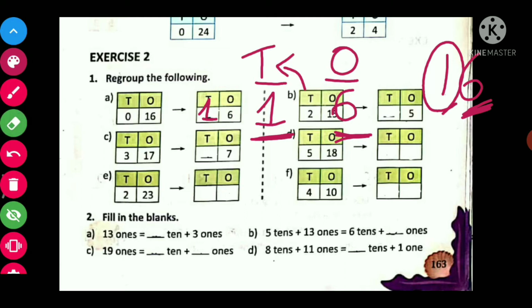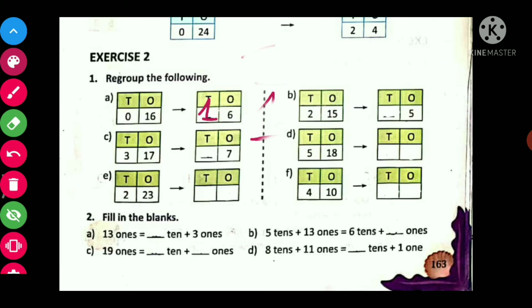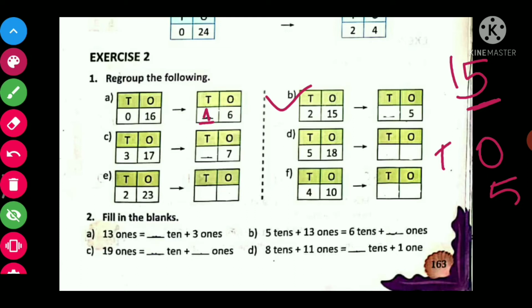Okay, let's do some more questions. Now see B part. Here 15 is there. Imagine this one is tens place, this one is ones place. In ones place we will put the last digit, that is 5, and we'll give this 1 to the tens place.